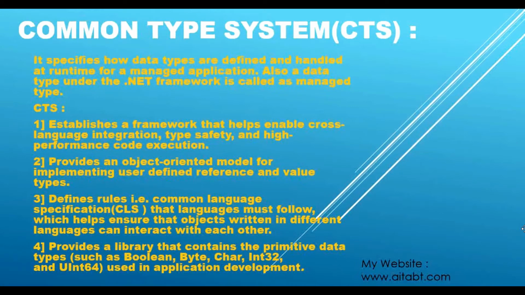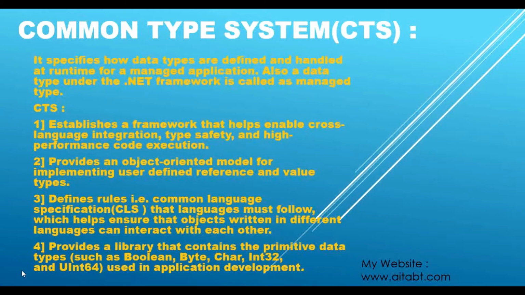This is a rule which languages must follow to ensure that objects written in different languages can interact with each other. In the first point, we said that it helps cross-language integration. For two languages to communicate with each other, their objects need to interact with each other. That is how the common language specification helps objects of different languages interact.